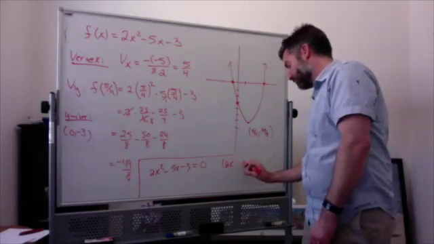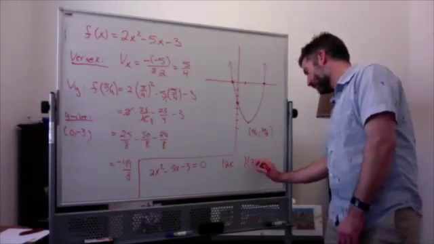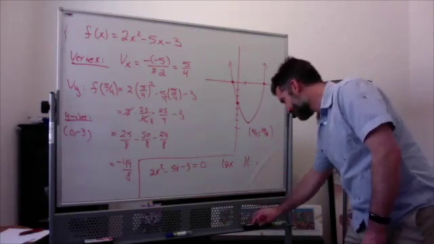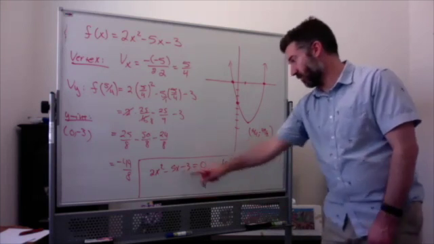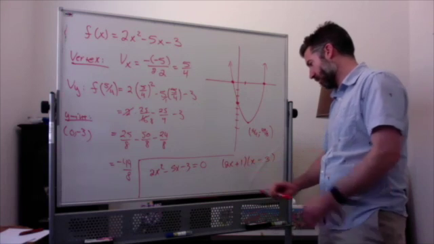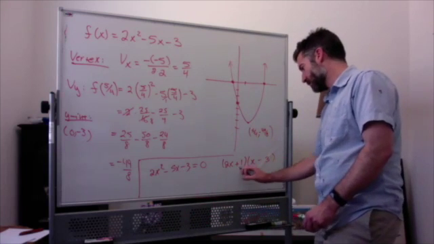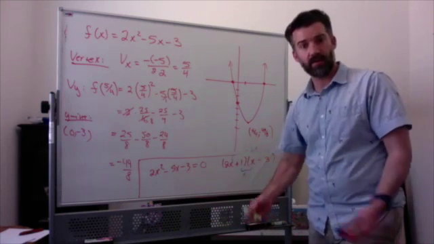So I know I have to have a 2x and an x. And I know I need to multiply to negative 3. So I'm going to put the negative 3 here and the positive 1 here, because that's going to give me a positive x and a negative 6x, which definitely adds up to negative 5x.